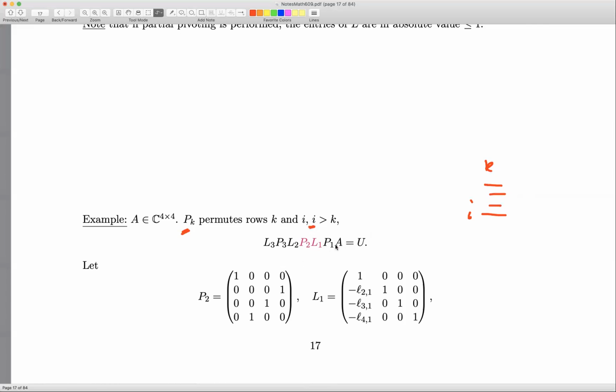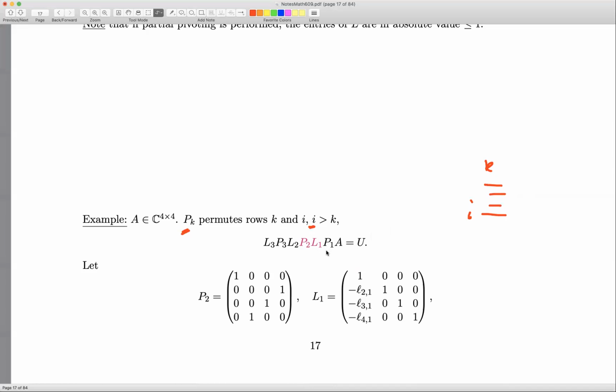So we have A, P1, L1, P2, and so on is equal to the identity. What is the idea? The idea is to collect all the P's in front of the matrix A, and this way we will end up with P times the matrix A equal to L times U.